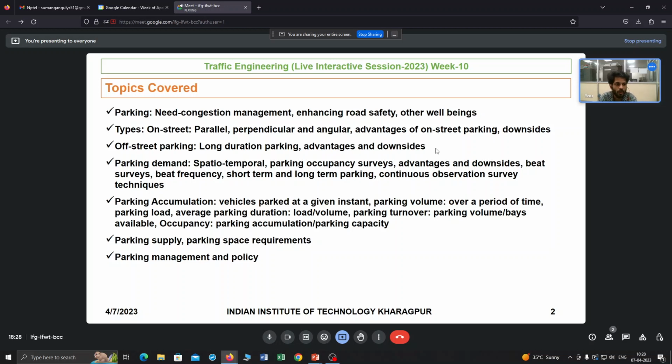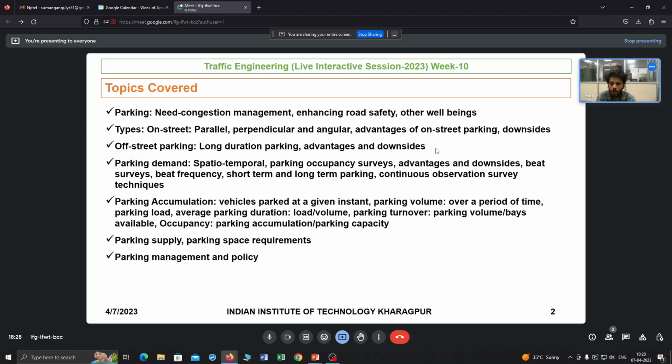You do not have to spend much money or worry about other things. But in case of off-street, you need space. Once you know this is the space, then you also have to build it. So that is a challenge with off-street parking facilities, and also you have to impose heavy parking charges in order to get revenue from it.